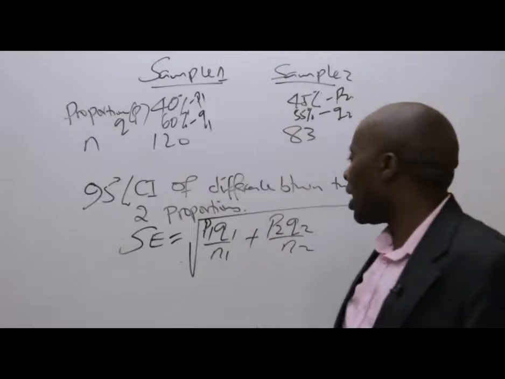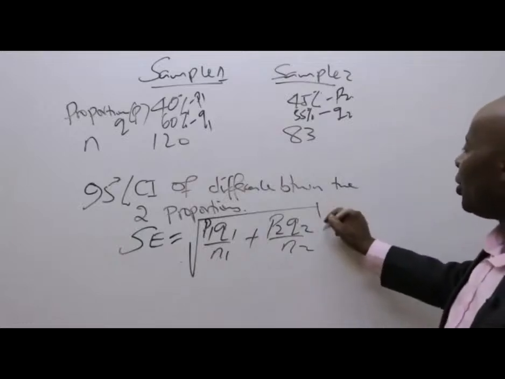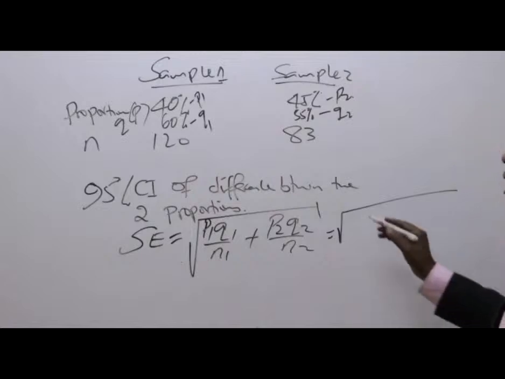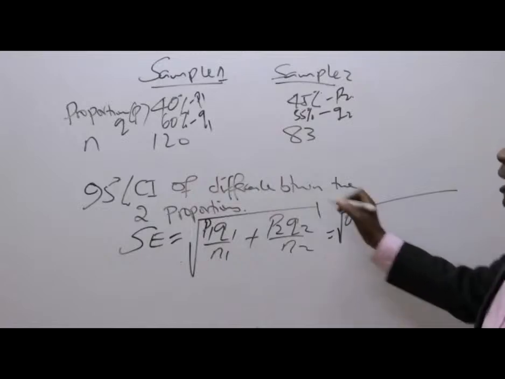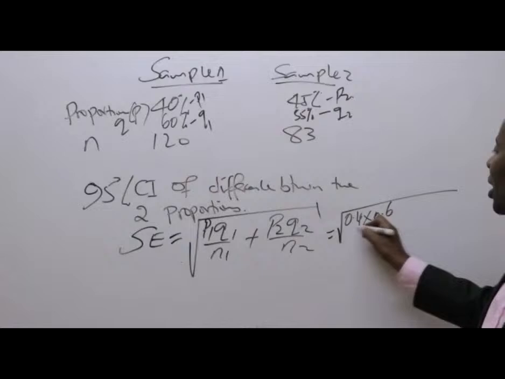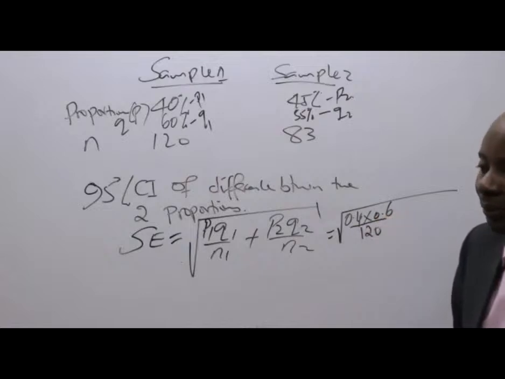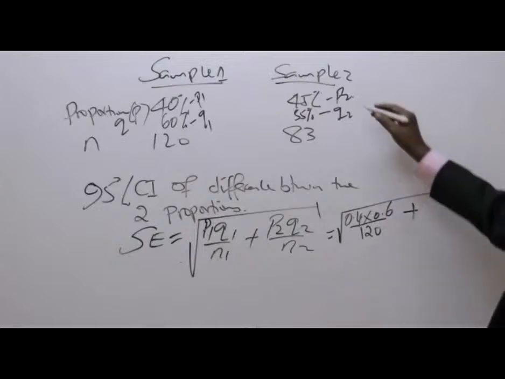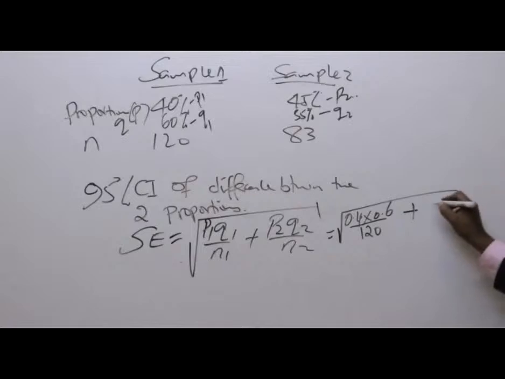Come right away here and do your substitution beneath this. We have P1, which is 0.4, times Q1, which is 0.6, all over N, which is 120, plus the second one, P2 Q2: 0.45 times 0.55 all over 83.